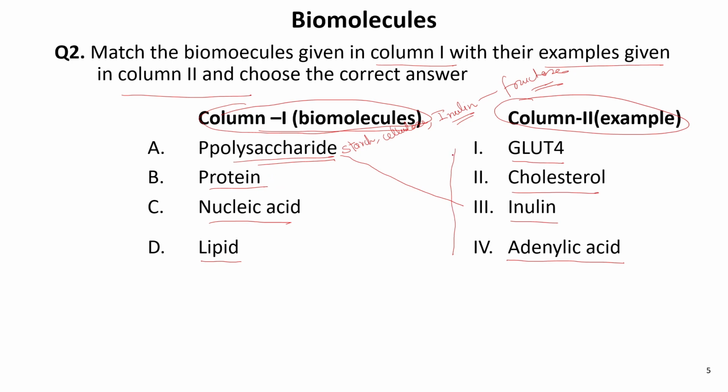Protein: GLUT4, cholesterol, adenylic acid. Cholesterol is not a protein. Adenylic acid is also not a protein. GLUT4 is a protein. It is a receptor that is present in the plasma membrane.